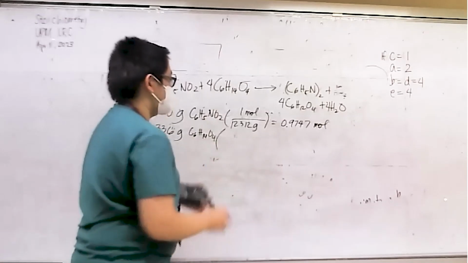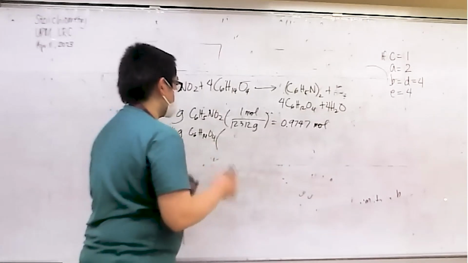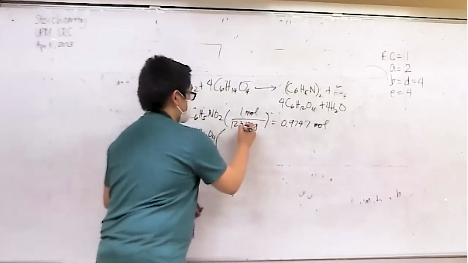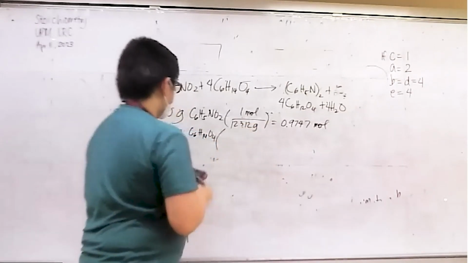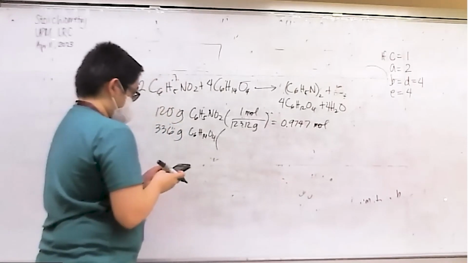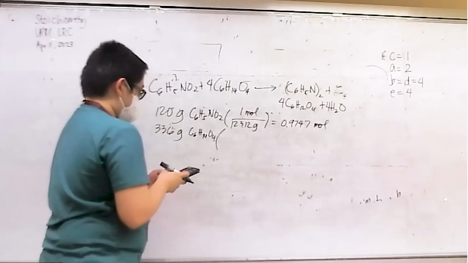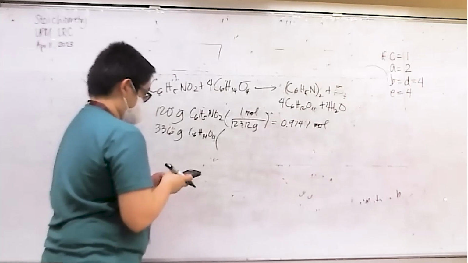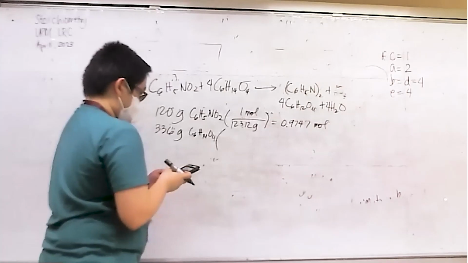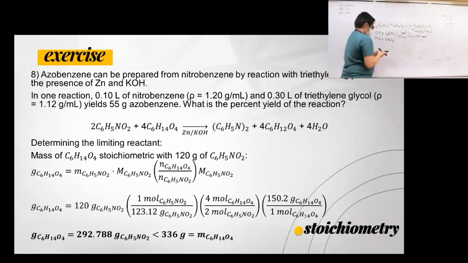So any method works. Depende lang sa'yo kung ano yung mas appropriate for you. So convert ko lang tong 336 divided by 6 times 12.01 plus 14.08 plus 4 times 16.